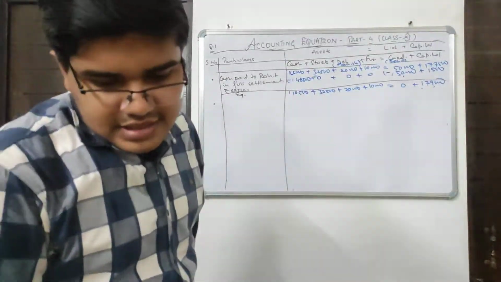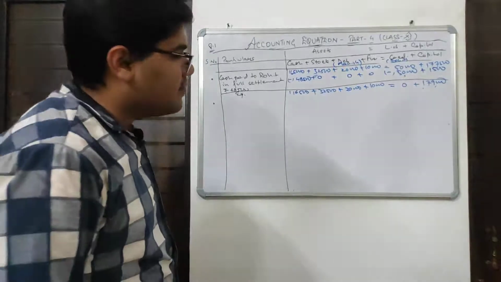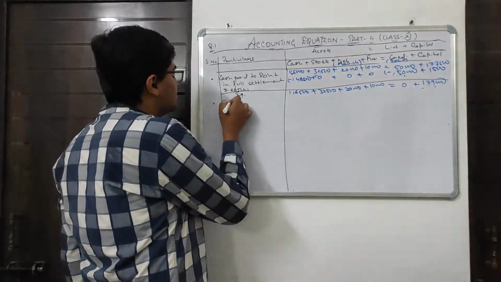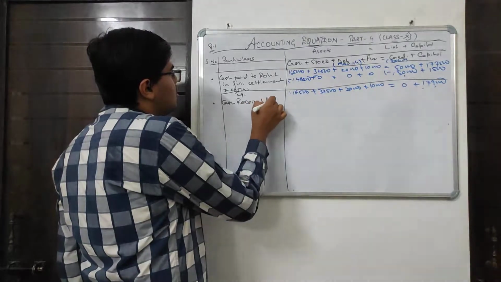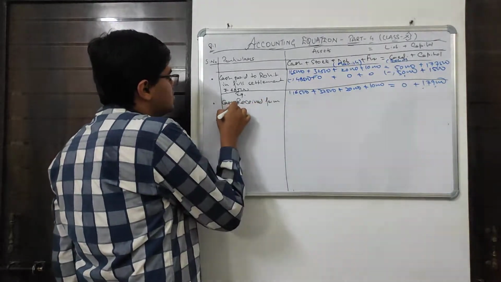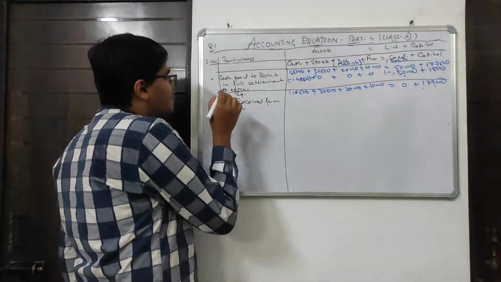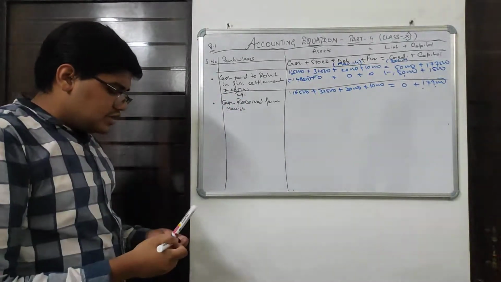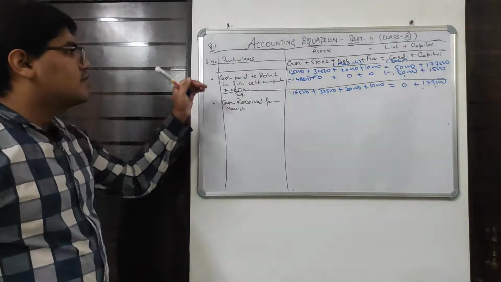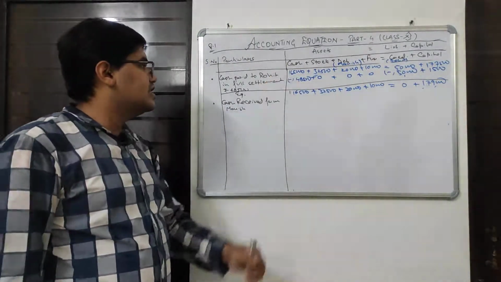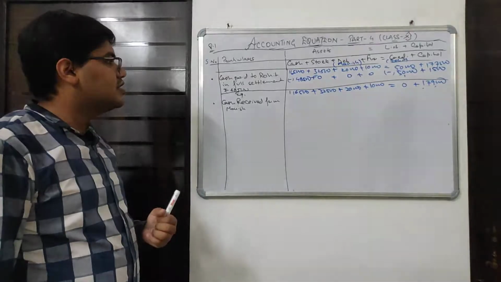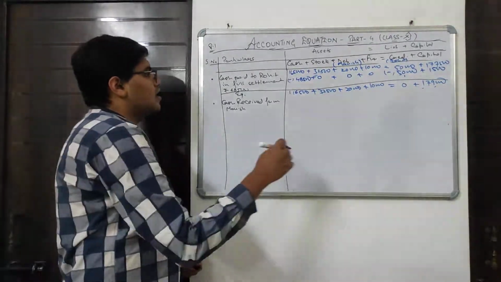Our next transaction is cash received from Manish. In an earlier transaction, we have sorted out the transaction of Manish, that Manish is our debtor and Manish has returned to us rupees 20,000.